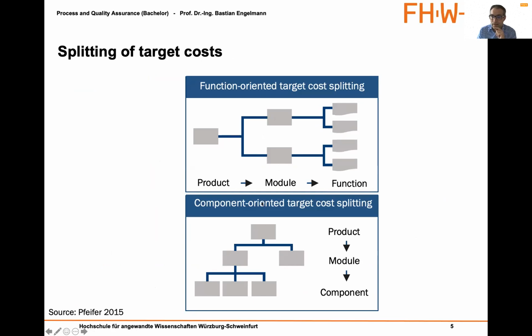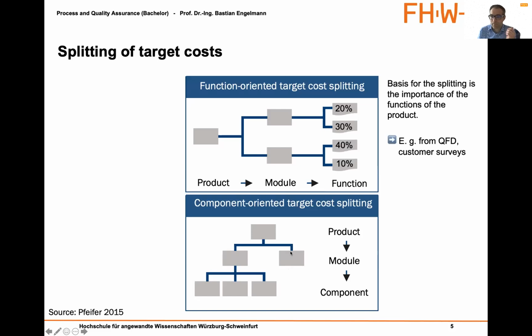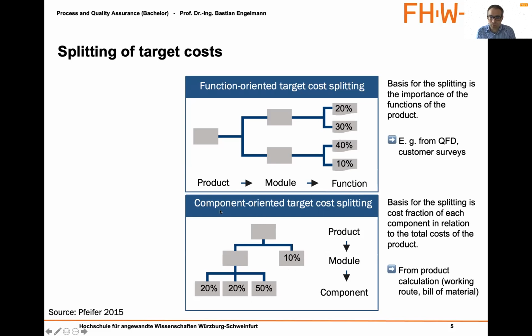We could also take the components of our product and assign the 200 euro fragments to all of the components. So if we have 200 euro, then we can put 10% on this function, 40 here, 30 here, and 20 here. Or when we have component-oriented cost splitting, we can put 50% here, 20% here, and so on.